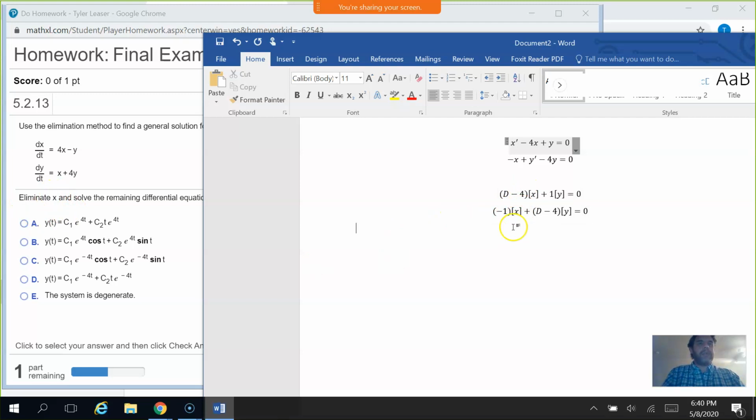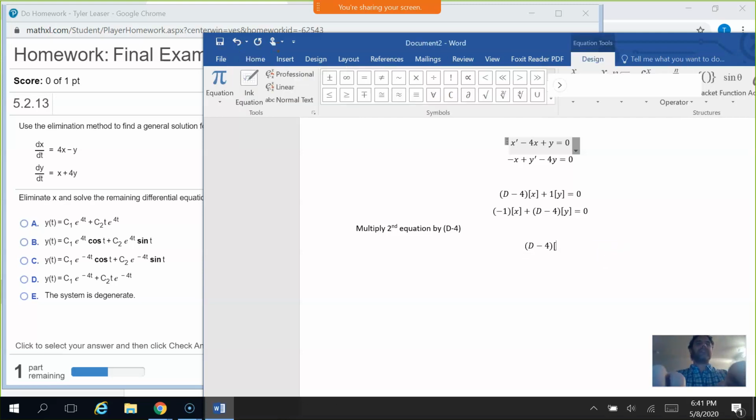If I wanted to eliminate the x values, what I could do is just multiply the bottom equation by D minus 4, and then I would have a positive D minus 4x on the first equation, and then a negative D minus 4x on the second equation. And then I can just add the two together. So multiply the second equation by that D minus 4. I'm going to leave the first equation alone, not even mess around with that one.